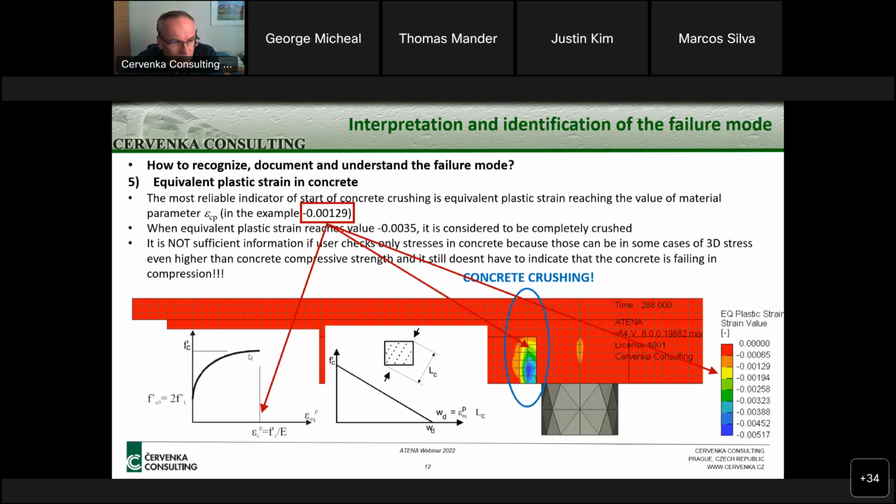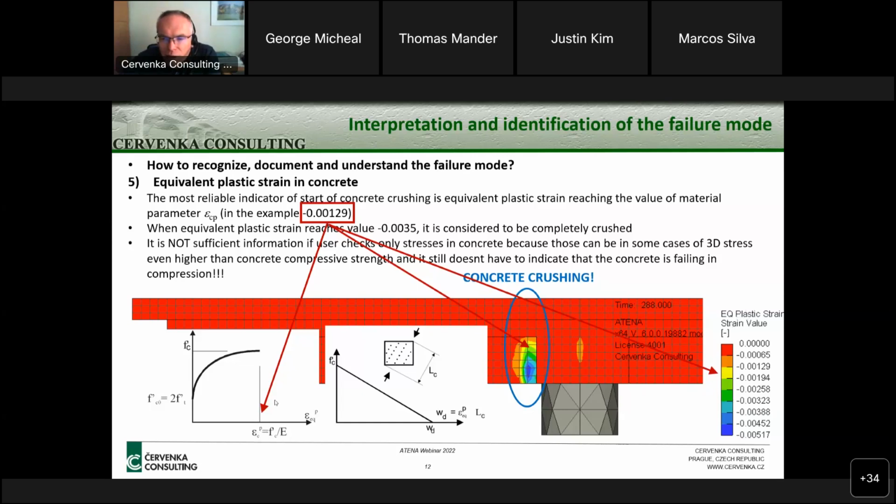In the hardening part, the development of hardening is controlled by plastic strains. And this limit, the point when we reach compressive strength, is called epsilon CP. So it is a parameter in the software, and it can be compared with these equivalent plastic strains.